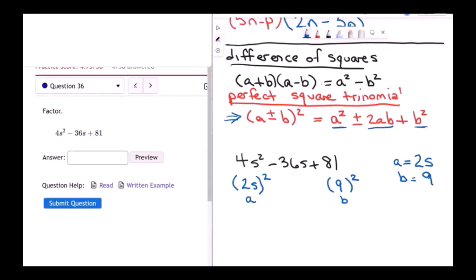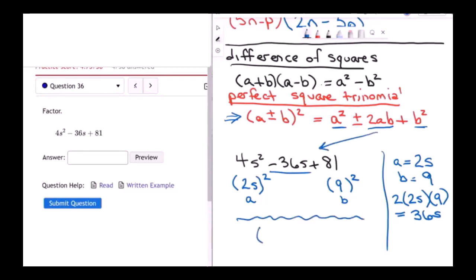Let's see what 2 times a times b is. 2 times 2 is 4, 4 times 9 is 36s. Wow, excellent. These match. My factor is a, 2s, and then b, 9, the whole quantity squared.